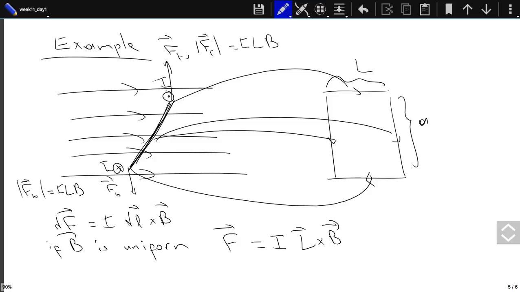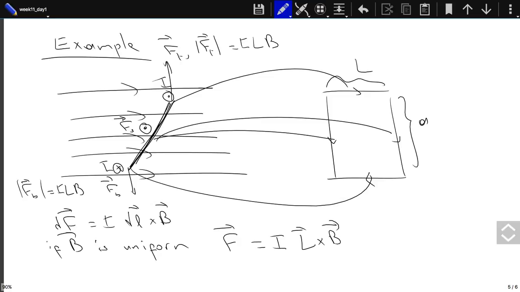Now let's look at the force acting on this side. On the side closer to you, the current is going down in this direction. This is the direction of the current. This is the direction of B. So what is the direction of the force? Towards you. So this is the force acting on one side.